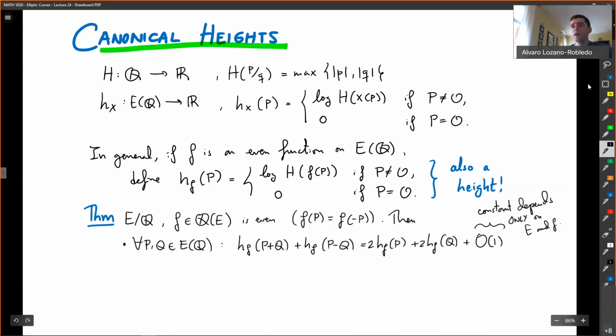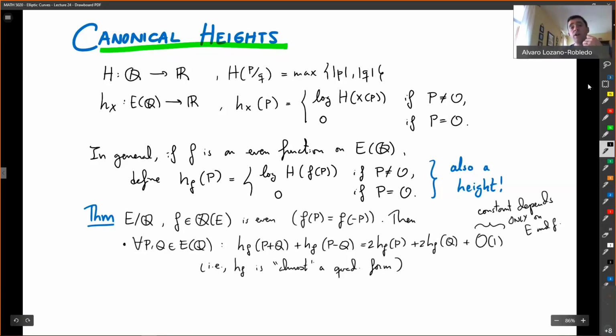If you forget about the constant, this is what's called the Parallelogram Law, which is a property that quadratic forms satisfy. So what this is saying is that h of f is almost a quadratic form.